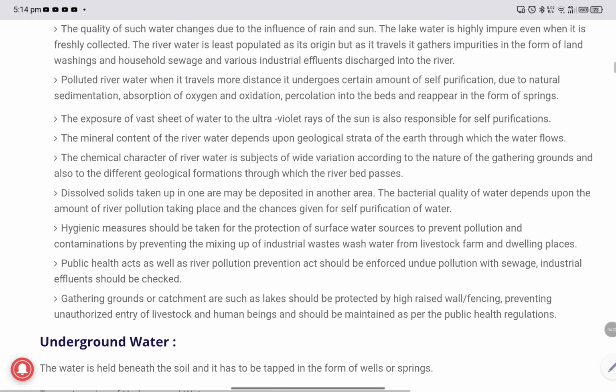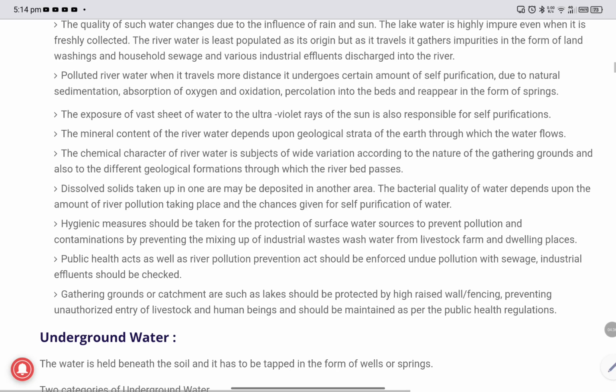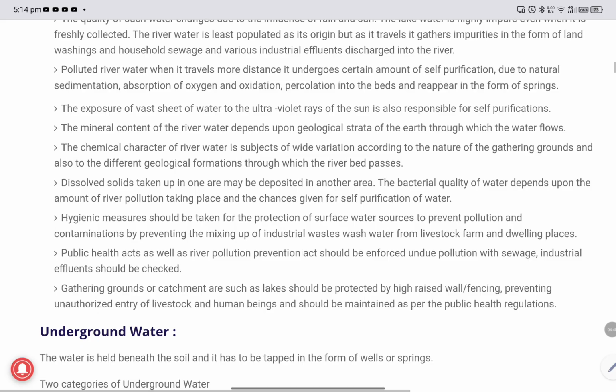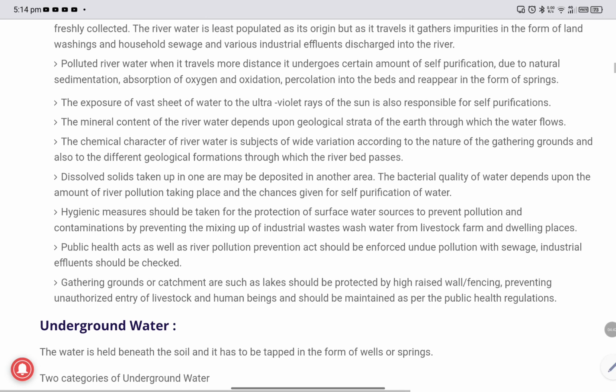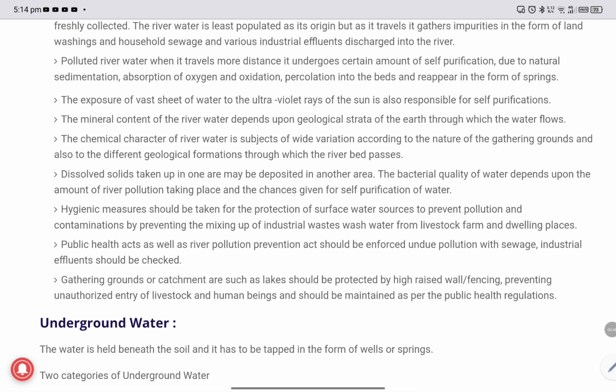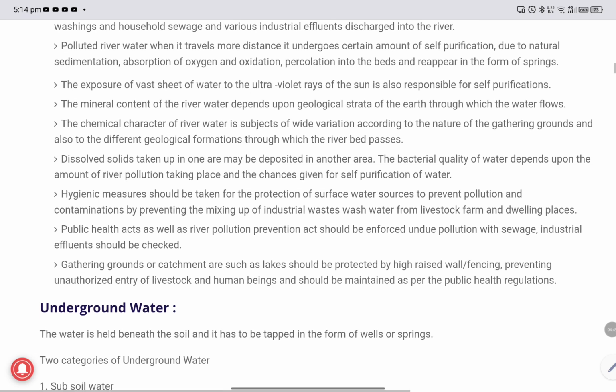The exposure of a vast sheet of water to the ultraviolet rays of the sun is also responsible for self-purification. The mineral content of the river water depends upon the geological strata of the earth through which the water flows.